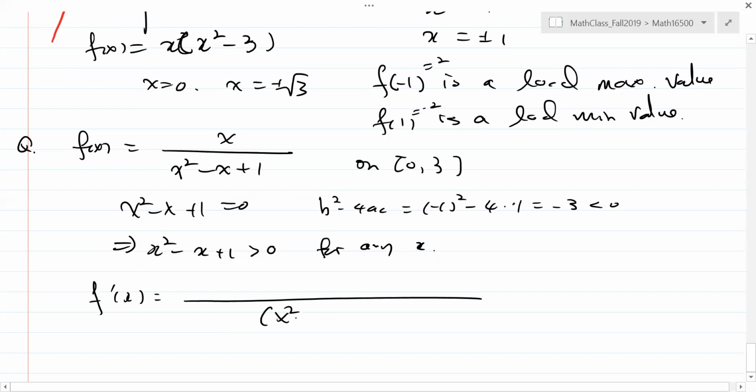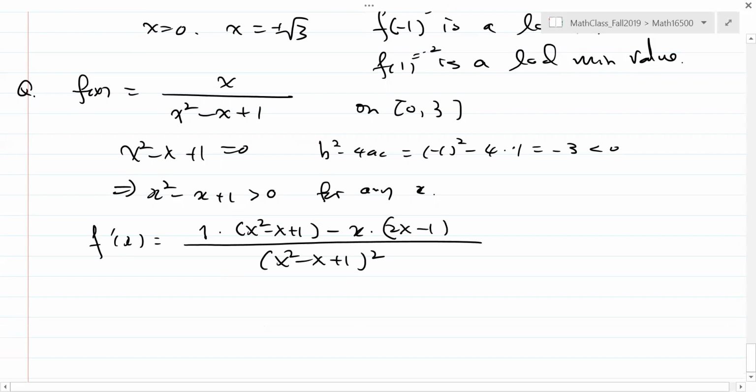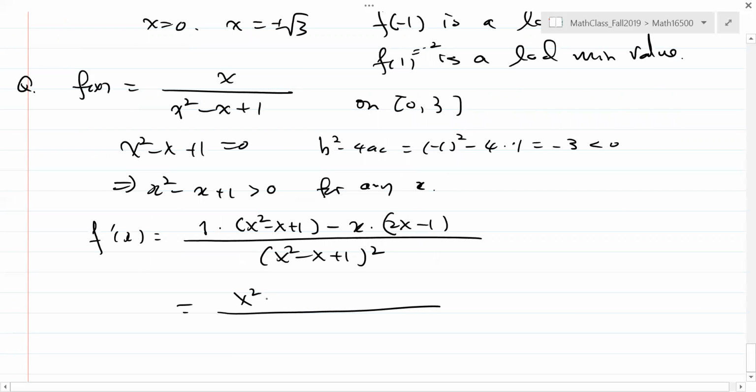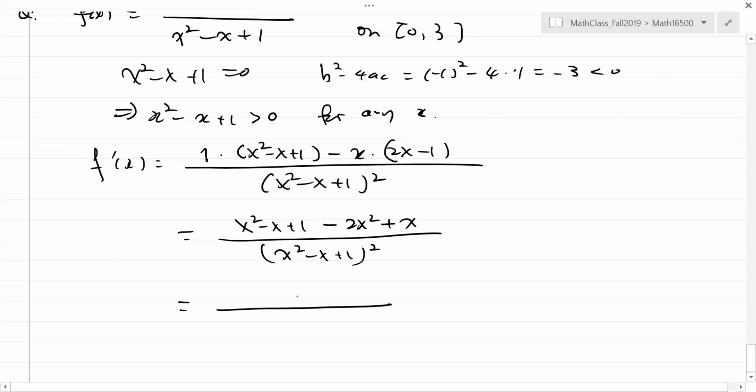It's going to be x squared minus x plus 1 squared, 1 times x squared minus x plus 1 minus x times the derivative, which is 2x minus 1. Let's simplify it. Minus 2x squared plus x. So x squared, x is gone, we get 1 minus x squared. It's not too bad. That is the numerator.